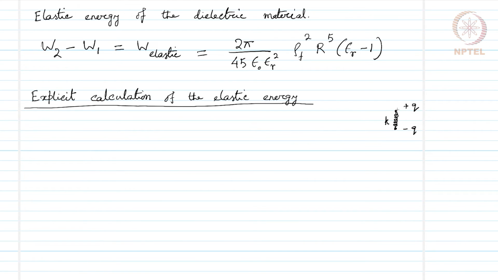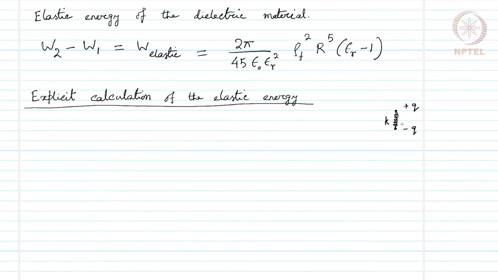If we have that kind of a situation, then the other end is free to respond to the applied electric field. If we have this kind of an understanding, then in the presence of an electric field, the electric force and the spring force would balance each other.